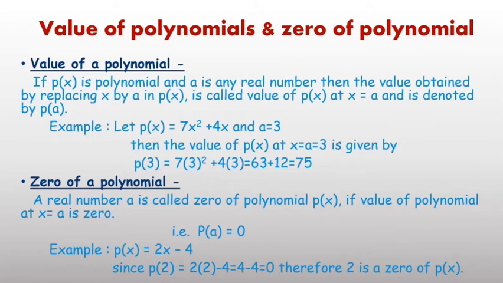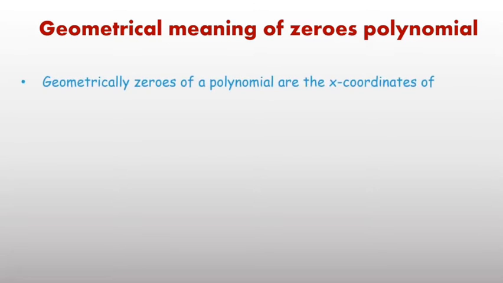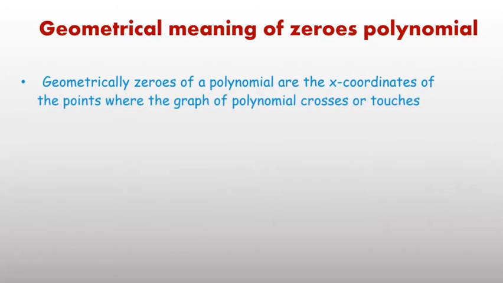Now next, geometrical meaning of zeros of a polynomial. From here, the class 10th syllabus starts. Geometrically, zeros of a polynomial are the x coordinates of the points where the graph of the polynomial intersects, touches or crosses the x-axis.